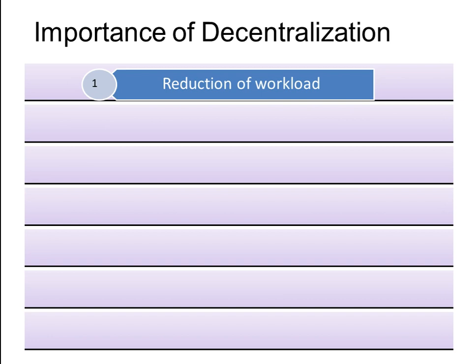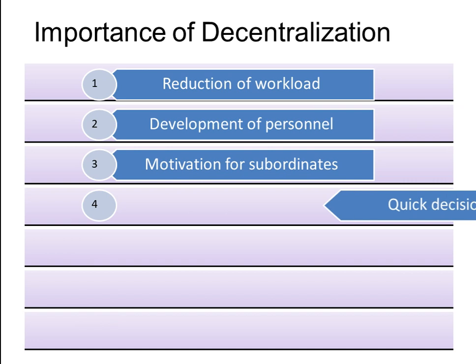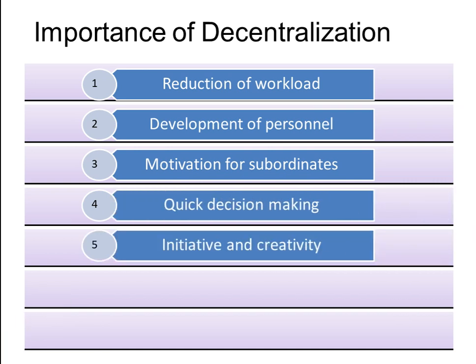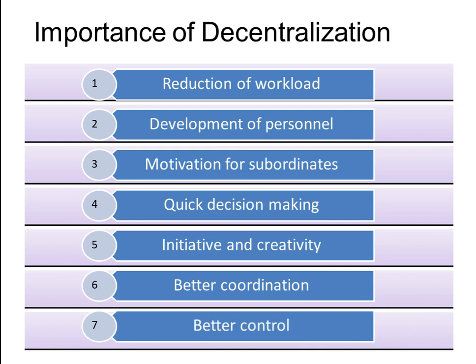The main difference between decentralization and delegation is that decentralization means officially declaring that we divide into different departments, and that particular department is responsible for getting the outcome. It helps in reduction of workload, development of personnel, motivation of subordinates toward decision making, innovation and creativity, better coordination, and better control.